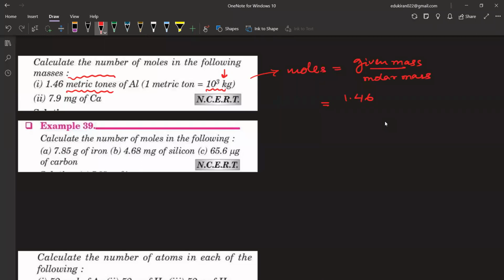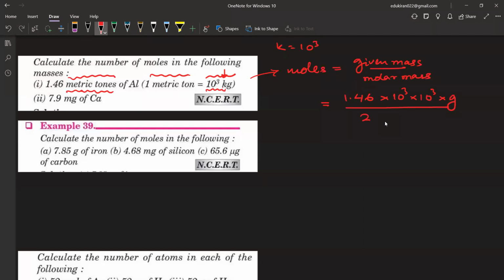Yes, sir. And 1 metric ton is equal to 10 to the power 3 kg. So I can write 1.46 into 10 to the power 3 kg. Now, instead of k, kilo means 1000, so I'm writing 10 to the power 3, and then I write grams.